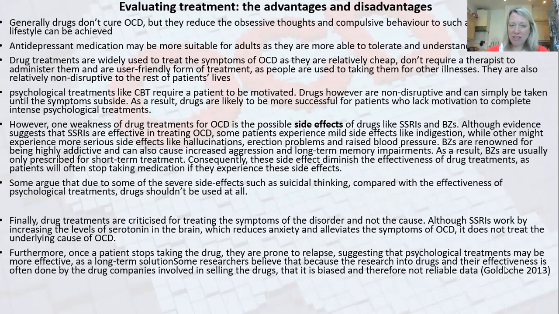Also, this really should be a separate bullet point, from the word some in the second line. Some researchers, and Goldacre looked at this, believe that because the research that says drugs are really effective, they help 70% of people, has generally been done by the drug companies that sell those drugs, the research is biased and is not reliable.